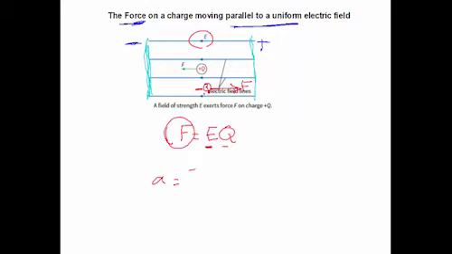A equal to F divided by M. This is from Newton's second law. So the charge should accelerate here, the positive charge accelerating towards the negative plate, the negative charge accelerating towards the positive plate. And this acceleration is the force divided by the mass of the particle or the charge.